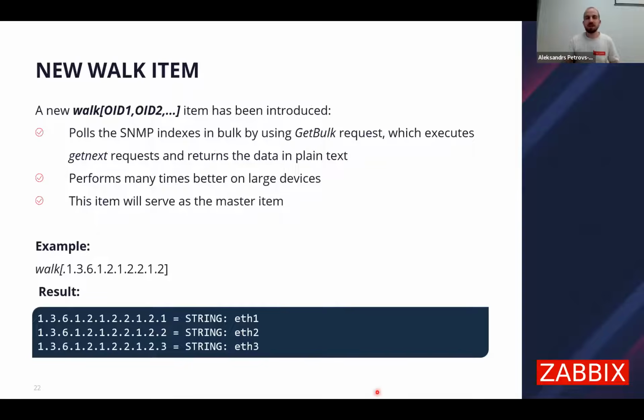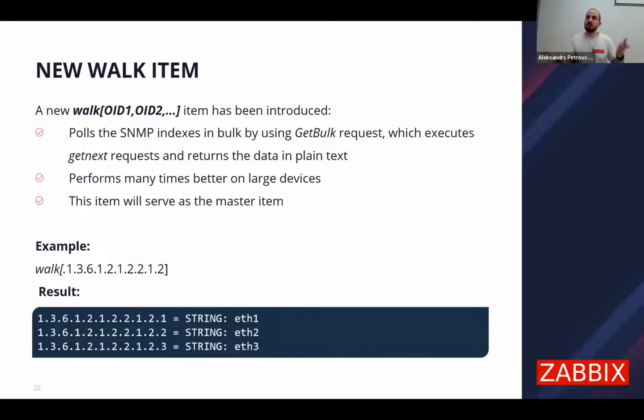So you already can see an example here. So we do a walk, we specify an OID, and then we basically walk through everything that is available to all the additional OIDs and branches on that OID. And you get an output like this, which we can use as the master item.